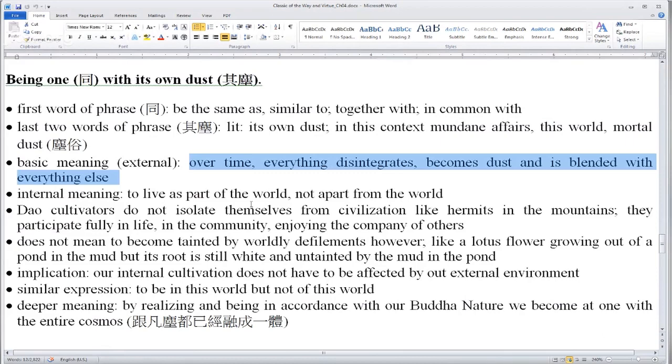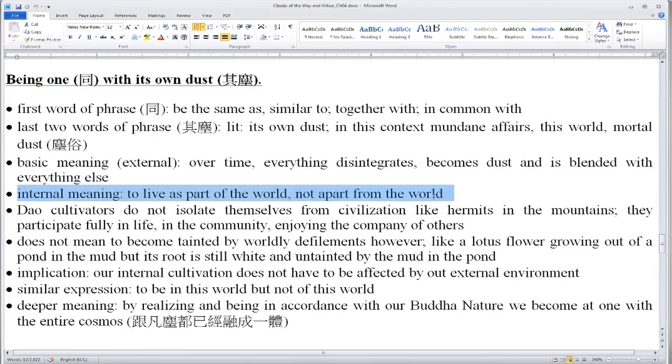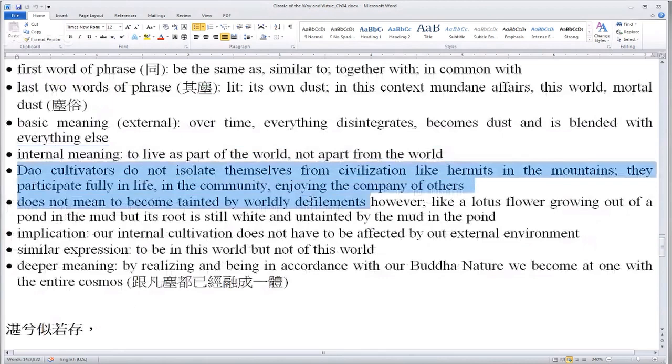But the internal meaning is to live as part of the world, not apart from the world. We are of the world, we are part of the world, not separate from the world. As Dao cultivators, we should not isolate ourselves from people and society, like hermits.